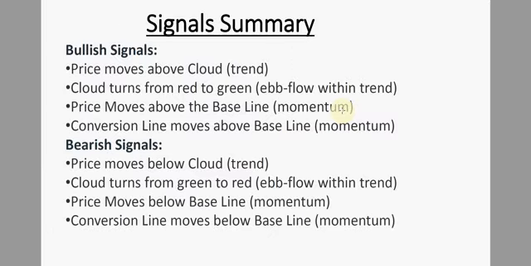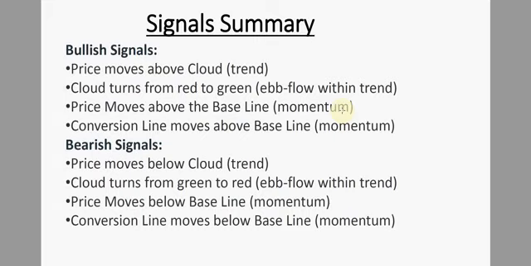Okay guys, now signal summaries. So we have seen 4 different types of signals. The big trend is when price moves above the cloud, it's a bullish signal. You see price break through the cloud, you say, yeah, the trend has changed to bullish.